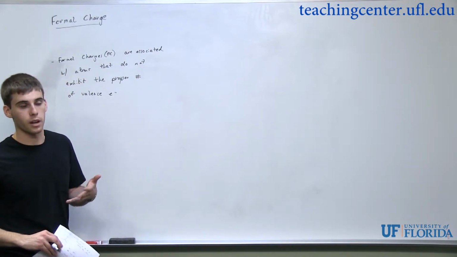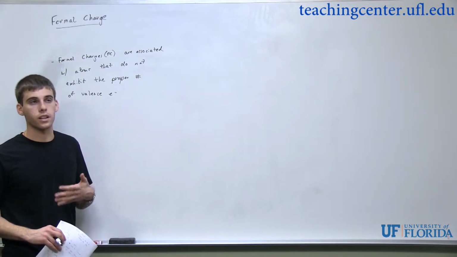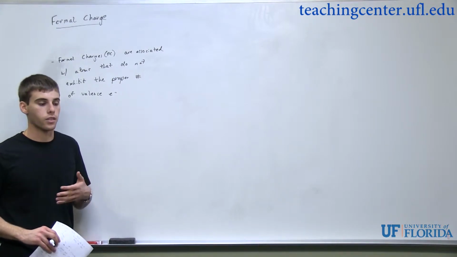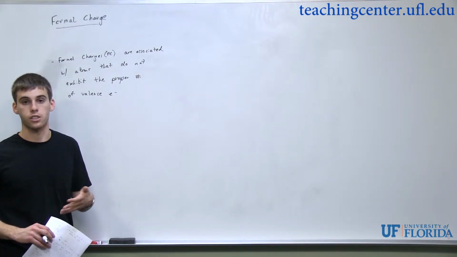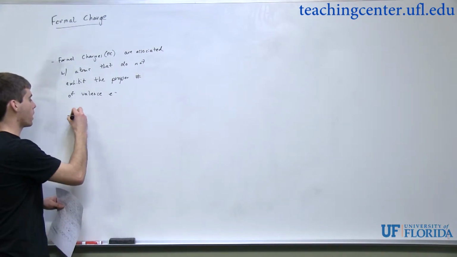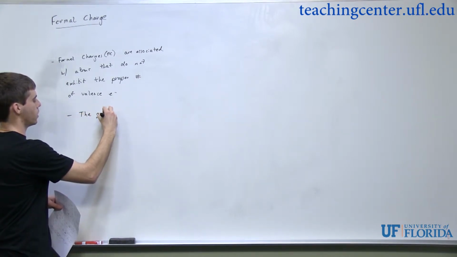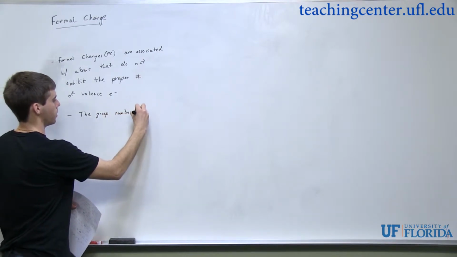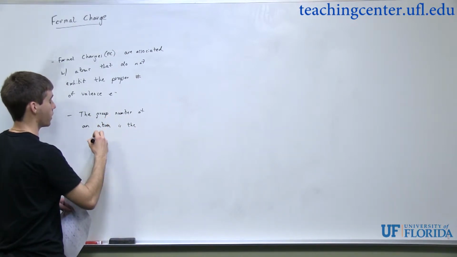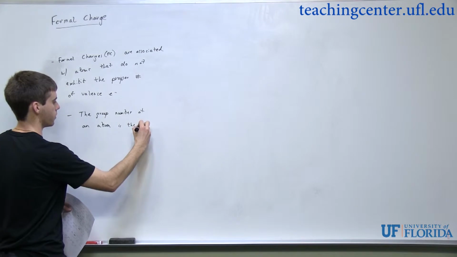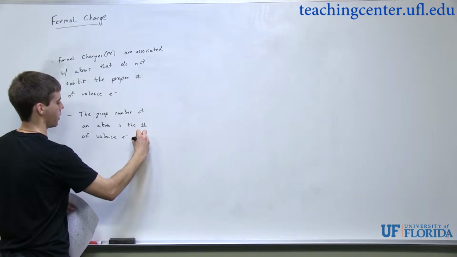That's what atoms want, a stable octet. But for purposes of formal charge, I think it's easier to think in terms of the group number of an atom, which is the number of valence electrons it has. For our purposes, it's better to think of the group number of an atom as the number of valence electrons that it can handle.